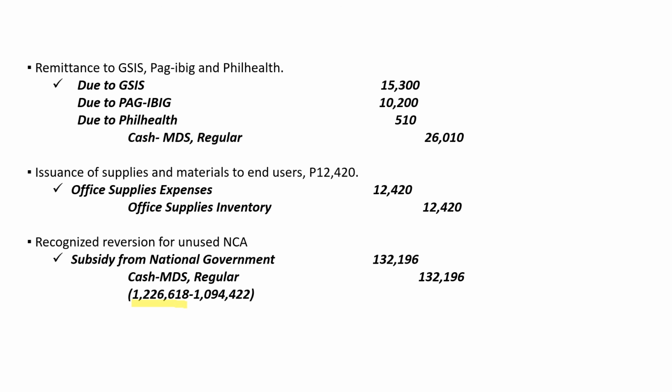We paid for the traveling expenses of 2,000 and we paid for the remittance of GSIS, Pag-ibig, and PhilHealth a while ago, 26,010. So that will give us a total disbursements of 1,094,422. So, our unused is 132,196. So, yan yung i-reverse natin.